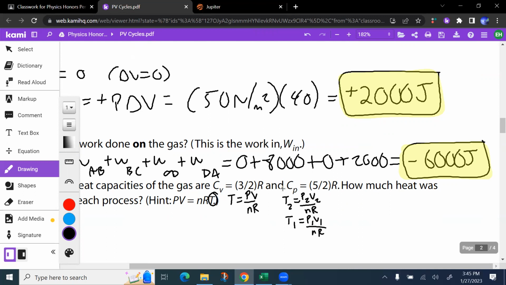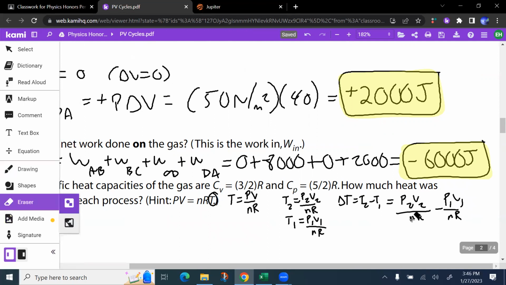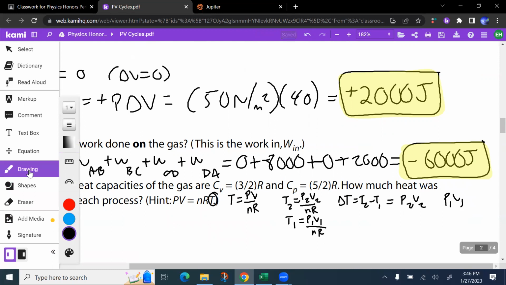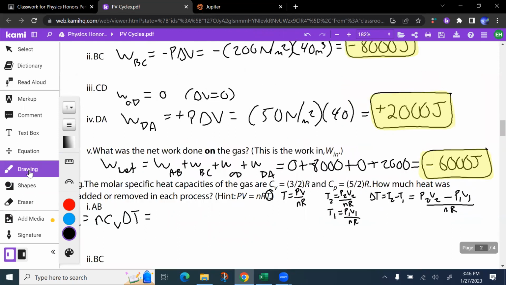Why do I say this? Because delta T would be T2 minus T1, or P2V2 over nR minus P1V1 over nR. Or one more way you could look at it is you have a common denominator here. So really, it could just be P2V2 minus P1V1 all over nR. Okay, so I'm going to use that.